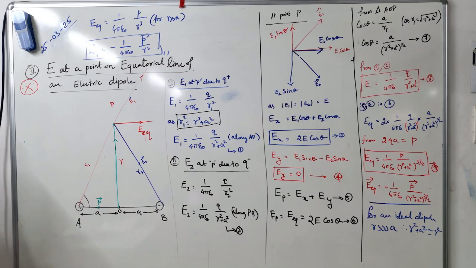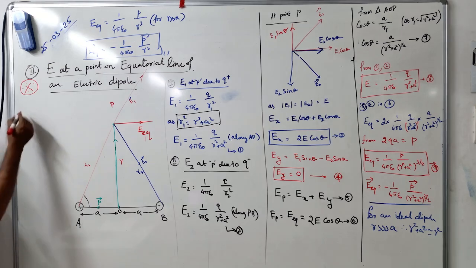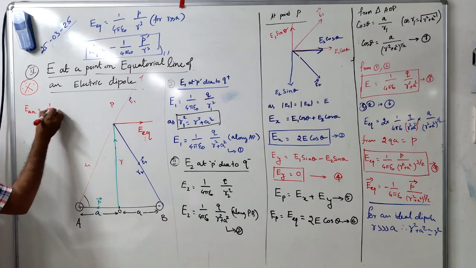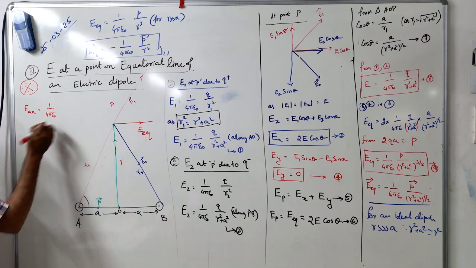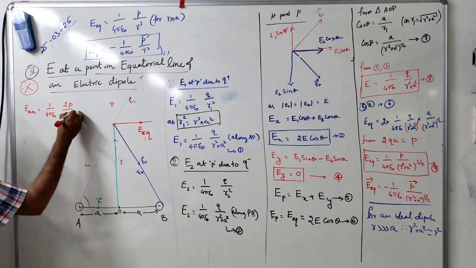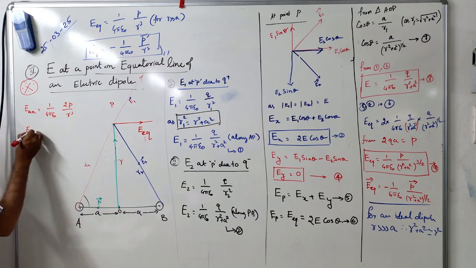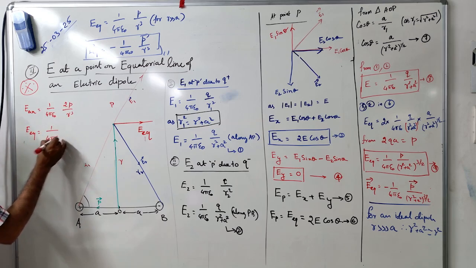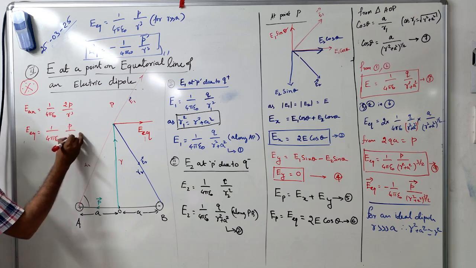So by comparing the E equatorial and E axial, I can say something. Just look at these two equations. E at a point on the axial line is equal to 1 by 4 pi epsilon naught, magnitude wise alone I'm telling, 2p by r cube. And E along the equatorial line is 1 by 4 pi epsilon naught, only the magnitude wise, p by r cube.